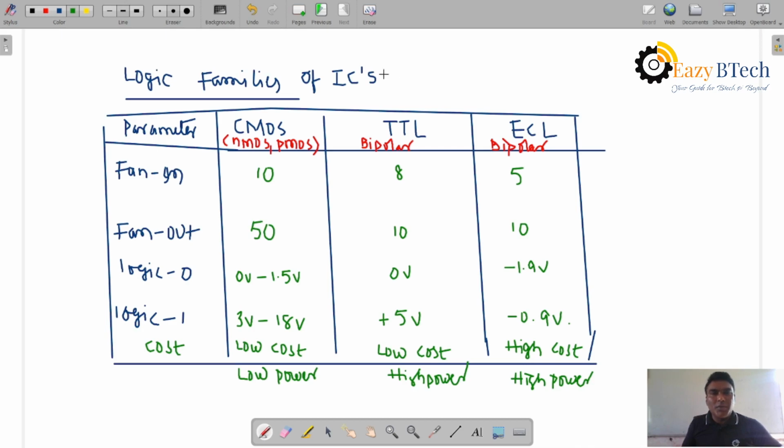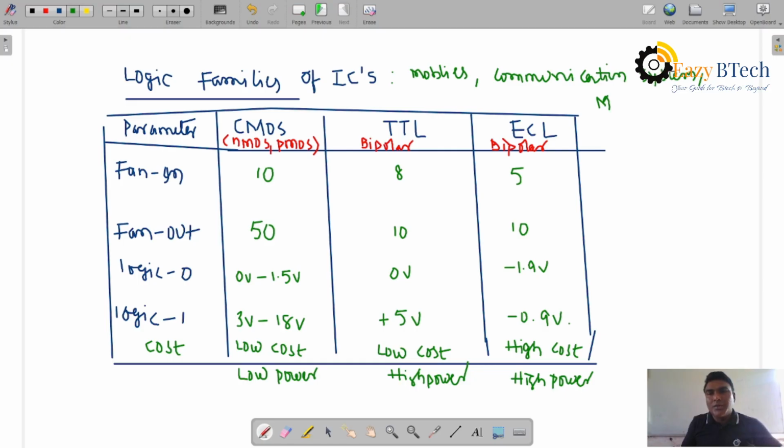Applications of logic families, we already saw: mobile communications, communication systems, military, medical, right?